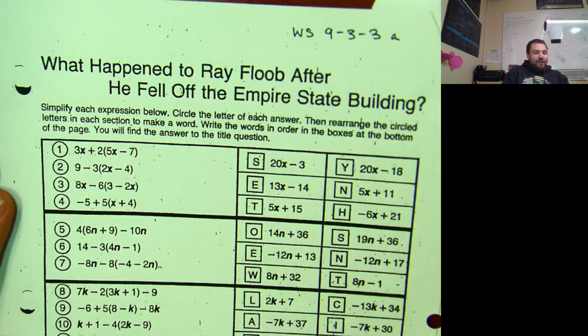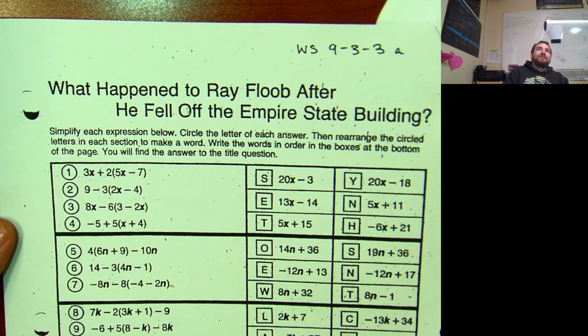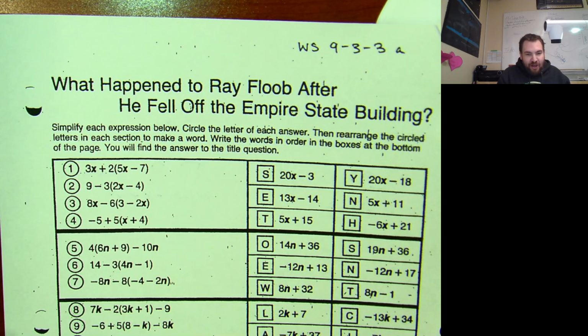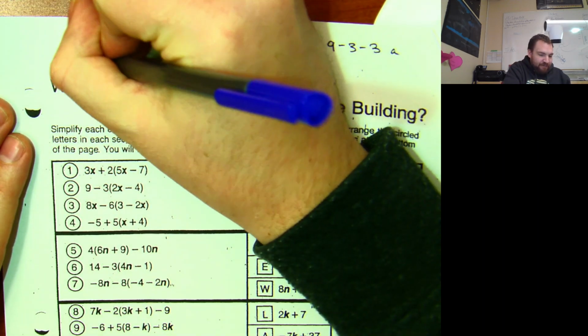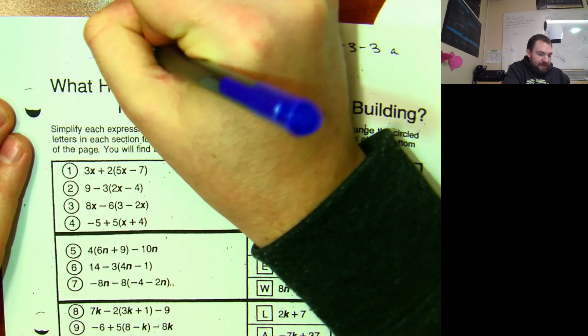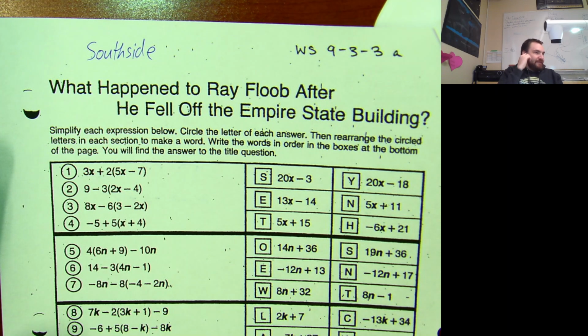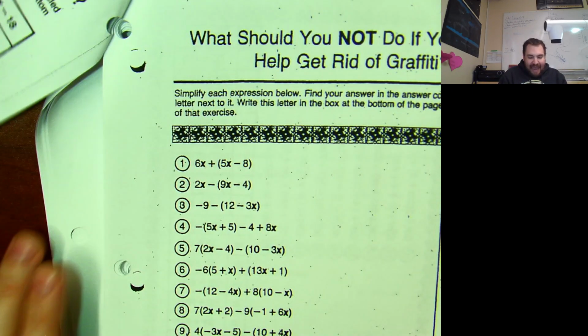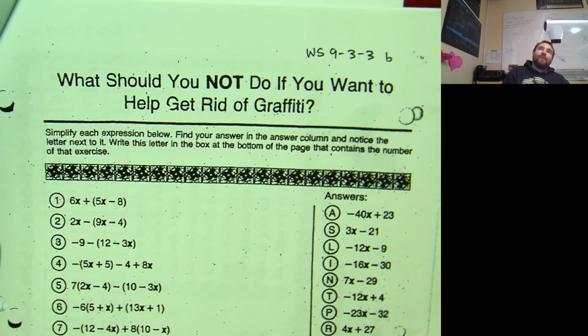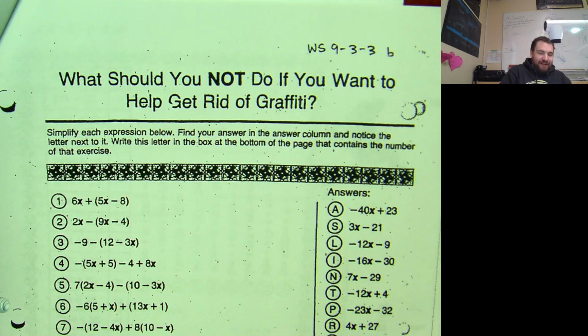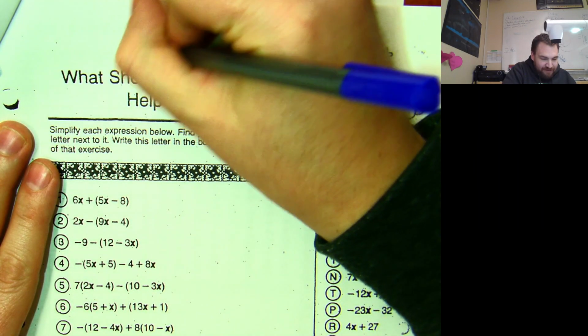Southsiders, you are going to tell me what happened to Ray Flube after he fell off the Empire State Building. Okay? Guys, please stop talking. I want to finish this. Southsiders, you're going to do this one. Everyone is going to do this one. What should you not do if you want to get help? If you want to help get rid of graffiti, this is all of you.